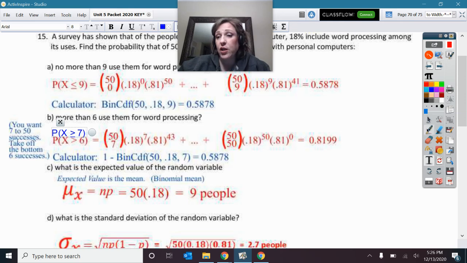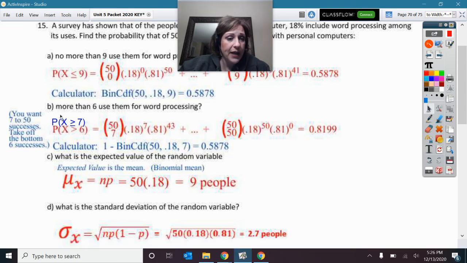That's another way that you could have written that. Greater than or equal to 7, or say just greater than 6. Those would be the same. But when you show your work, of course, you have to show the sequence of the first one up to the last one that you want. But calculator wise, we're going to do 1 minus the part I do not want.